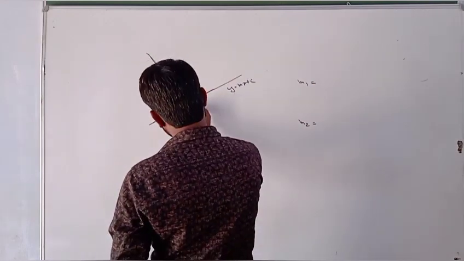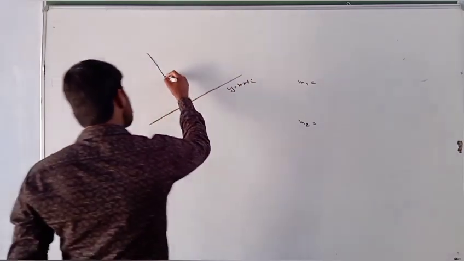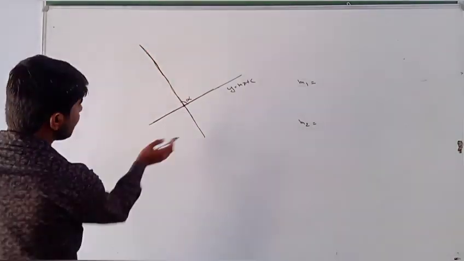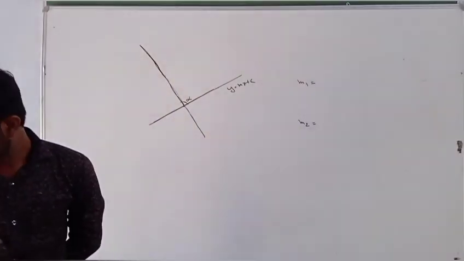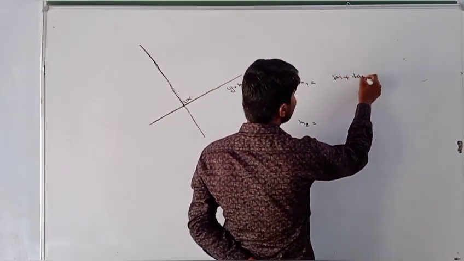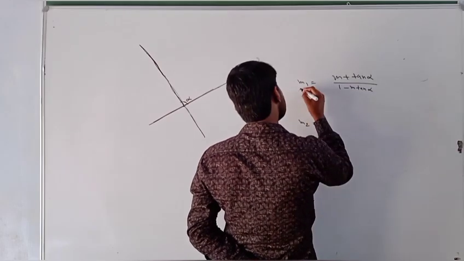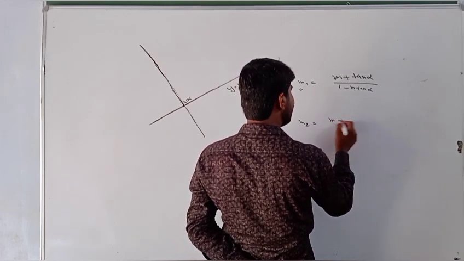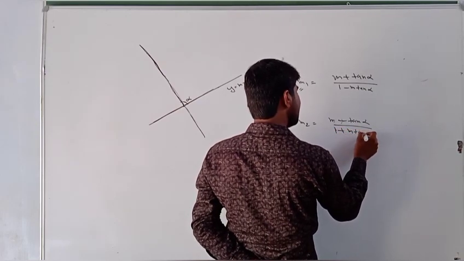And after that we can say that c is given to you, m is given to you, but the slope of this line is not given to you. So what will be the slope of that line? This line will have slope m1 equals (m plus tan alpha) upon (1 minus m tan alpha), and second, m2 will be (m minus tan alpha) upon (1 plus m tan alpha).